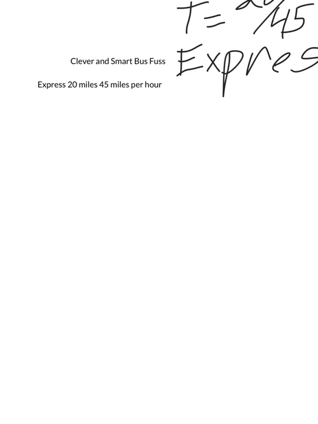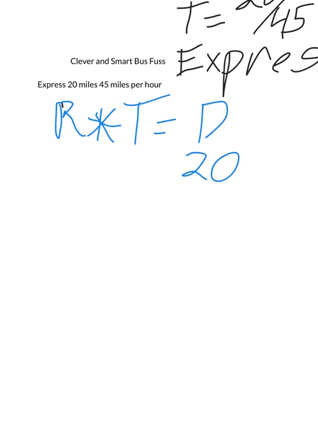Okay, so limited. Limited had that same, well, we'll put up the formula. Actually, I think I'll switch pens. I'll use blue. Rate times time equals distance. And again, we had 20 miles.